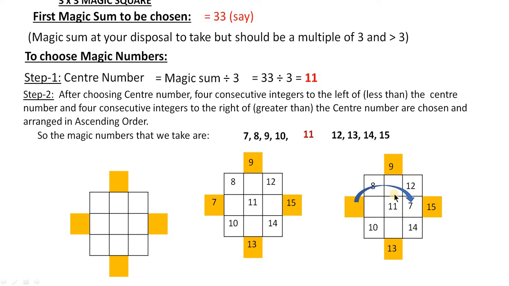After that, this direction mark vanishes, and then I move in the clockwise direction. 9 is there. This 9 will move downwards to this cell. You have seen the animation and that direction mark. Now there are only two numbers left, 15 and 13.